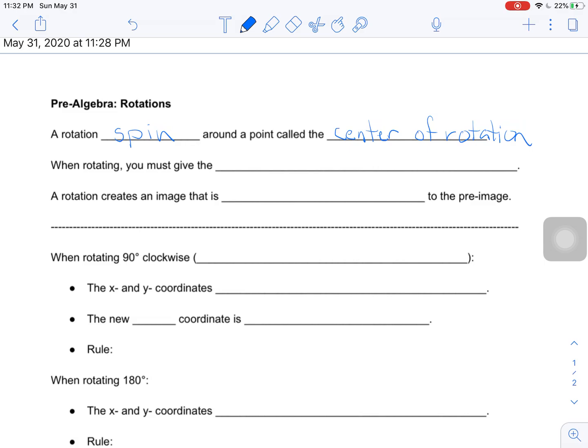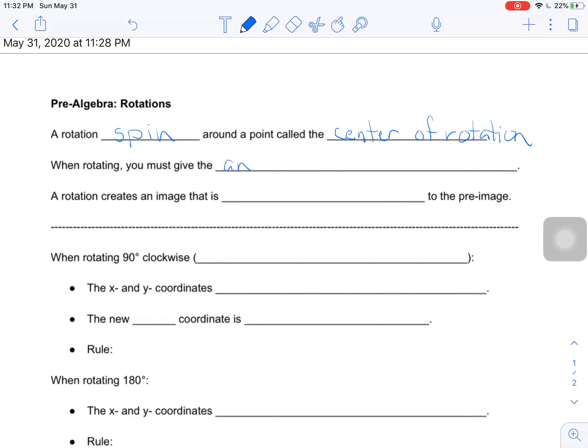You also need another piece of information if you're rotating, and that's how far you're rotating. In the intro activity, you did 3 different distances. You did a 90 degree, a 180 degree, and a 270 degree. If you're spinning your shape, you need to know when to stop spinning. So when you're rotating, you have to give what's called the angle of rotation.